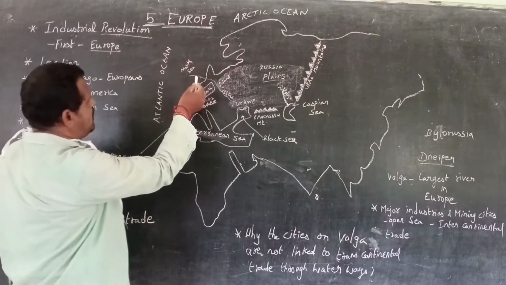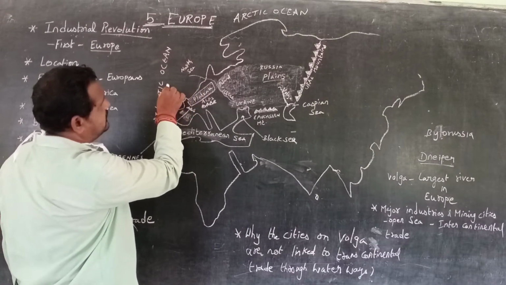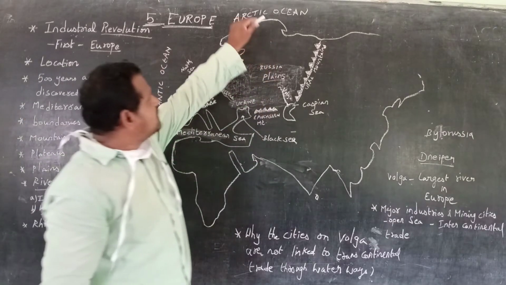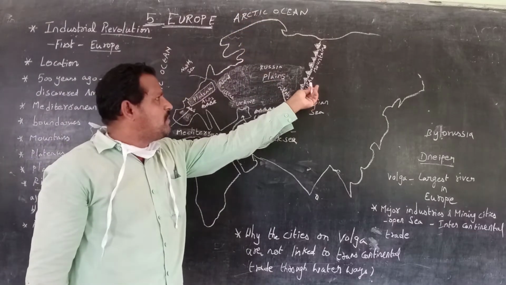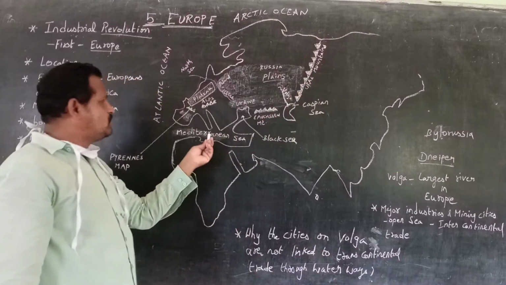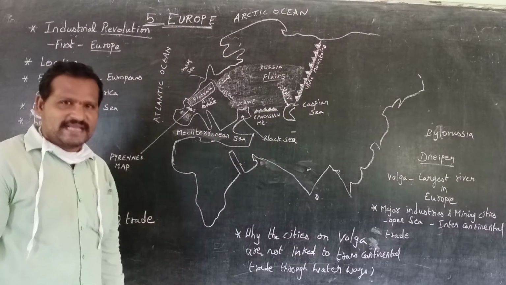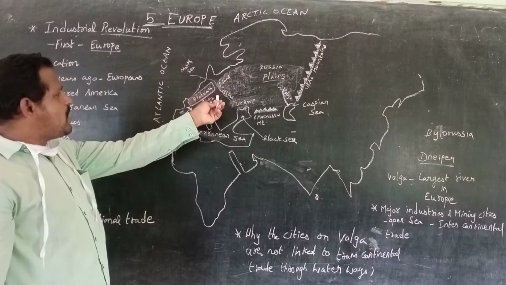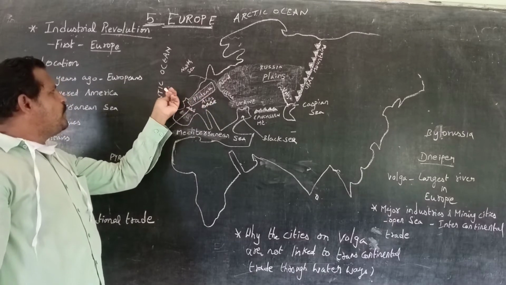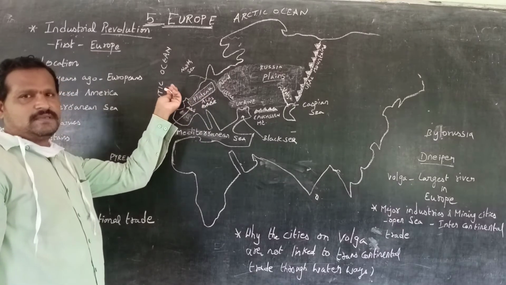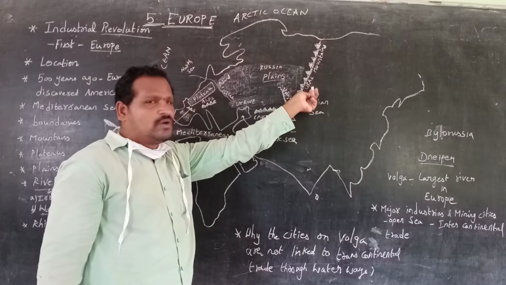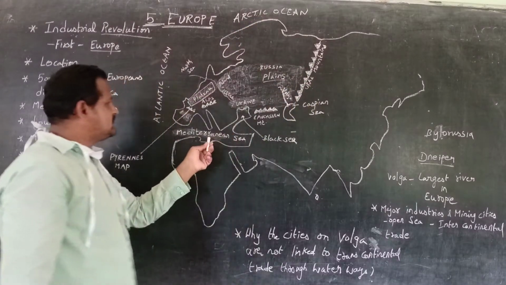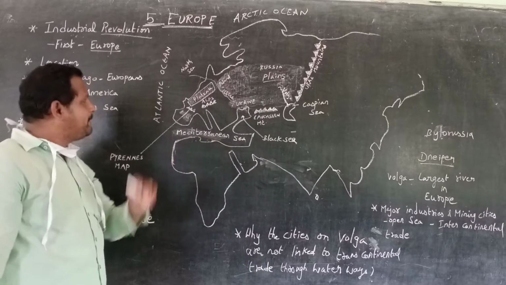Europe is bounded on the west by the Atlantic Ocean, on the north by the Arctic Ocean, on the east by the Ural Mountains, and on the south by the Mediterranean Sea.